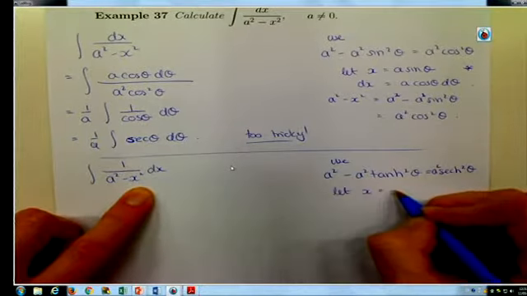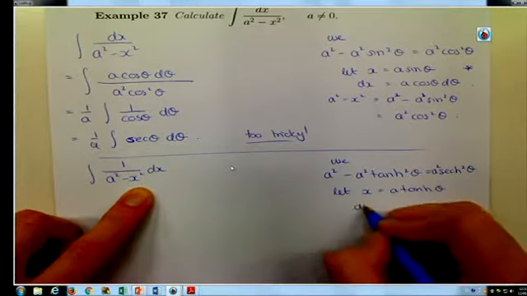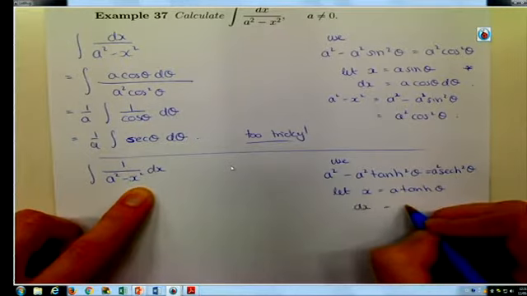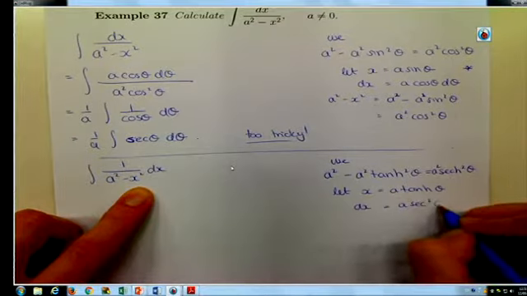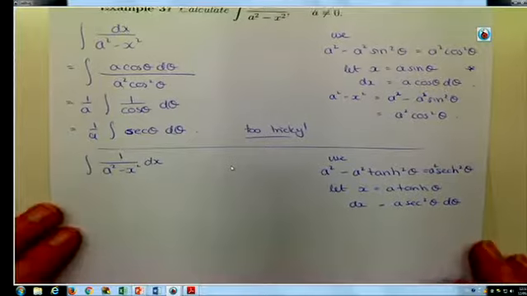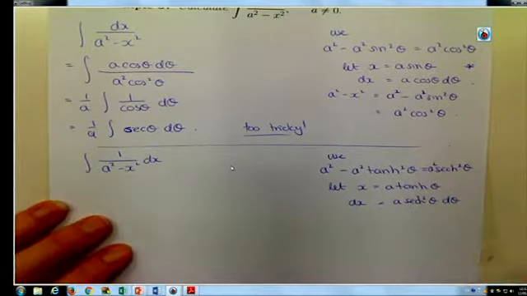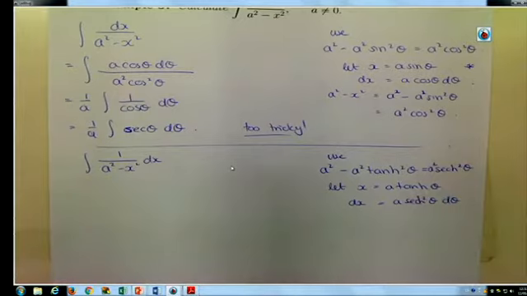So x has got to be a tanh theta. I know it should have a sech, but it doesn't. Sech, like that, yes. Sorry, yep, should be. Good pick up. Sech squared.